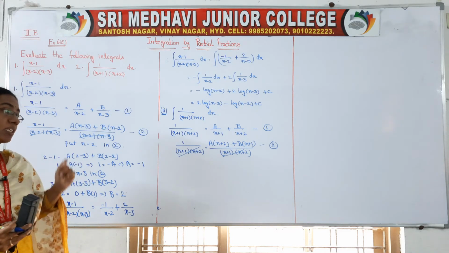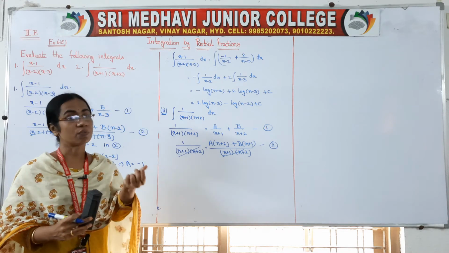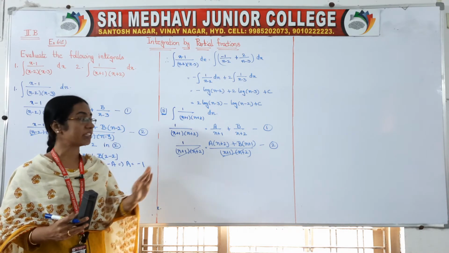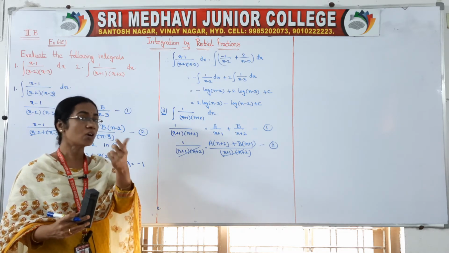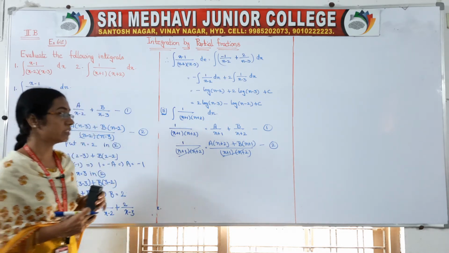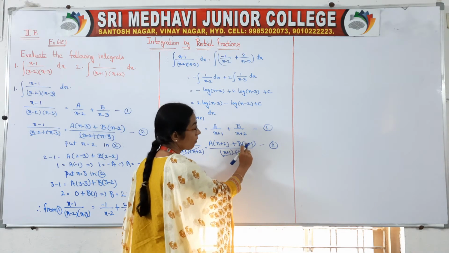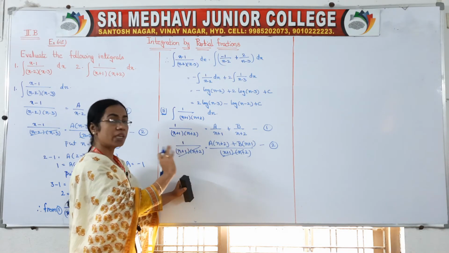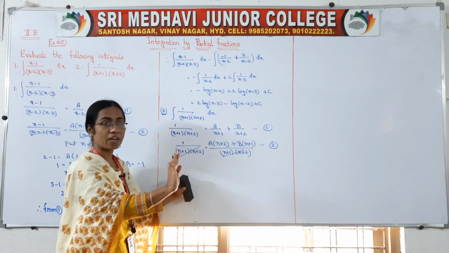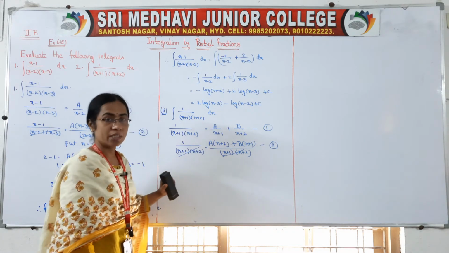To get a and b, one time you select x in such a way that b will cancel and we can derive the a value. See, suppose we take x is equal to minus 1, what happens? Minus 1 plus 1 is 0, 0 into b is 0. That term gets cancelled and you will get your a value, isn't it?